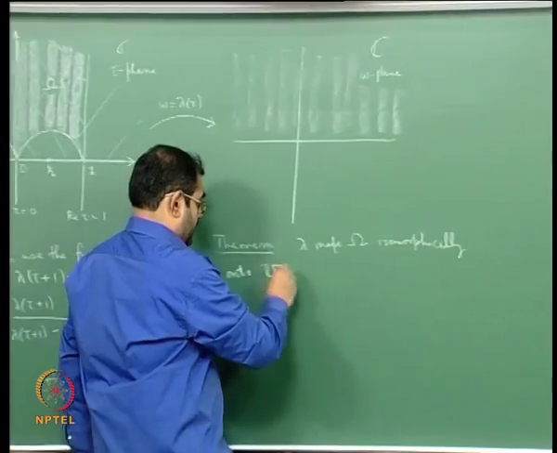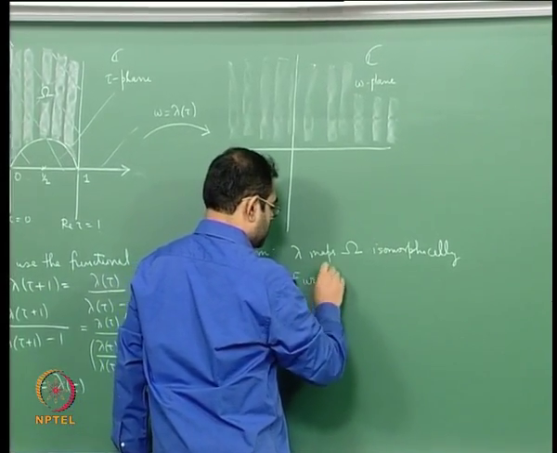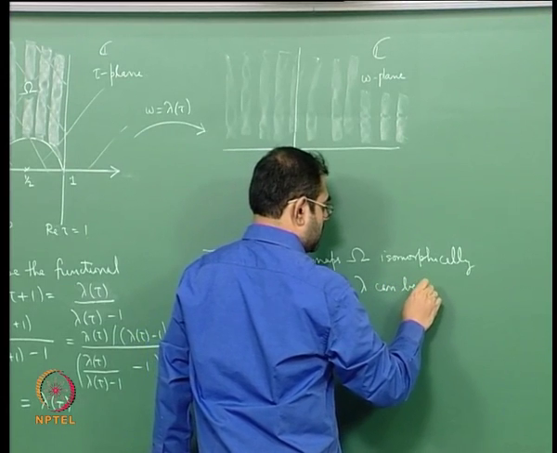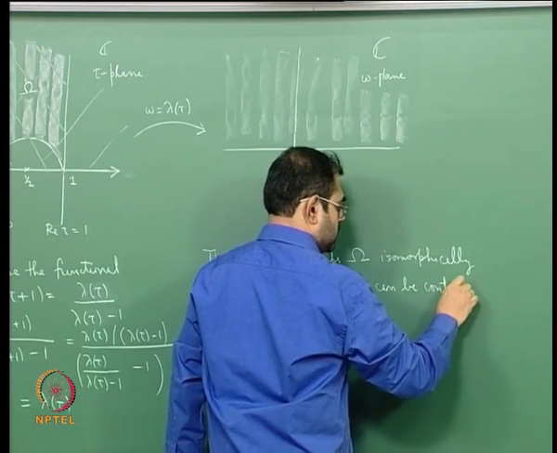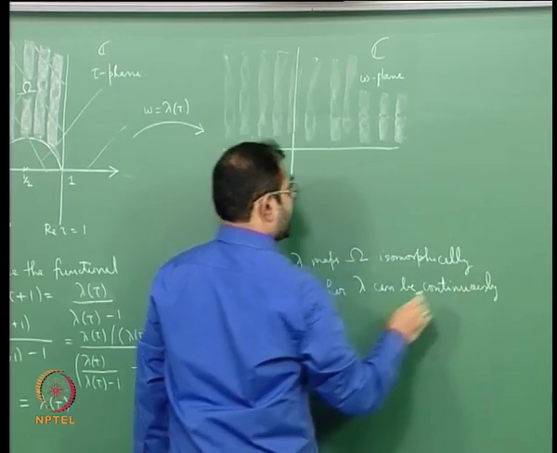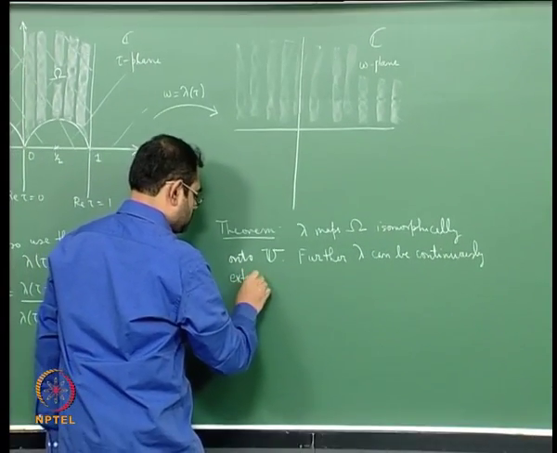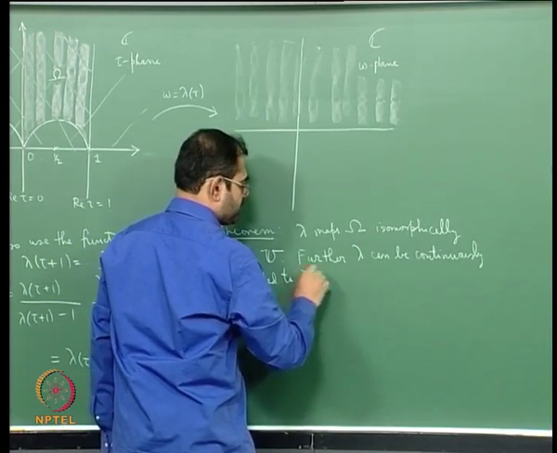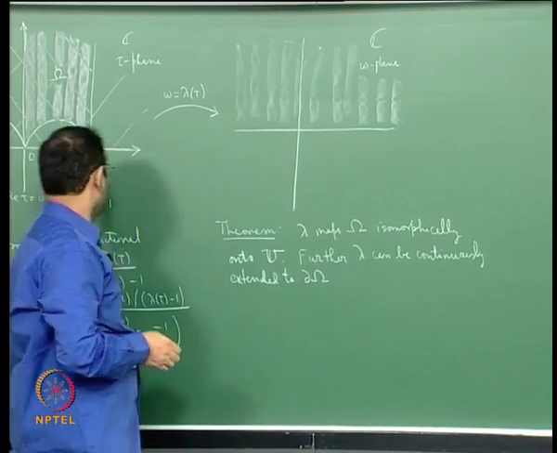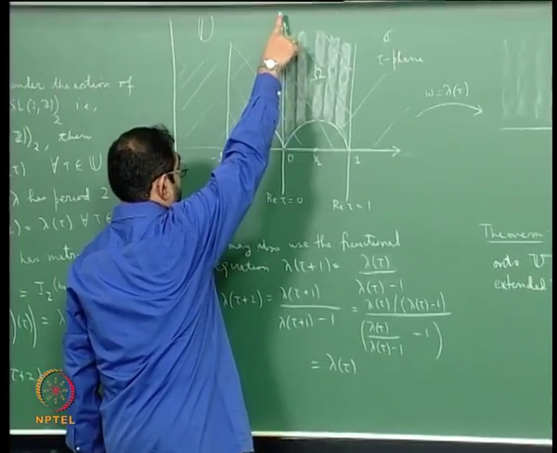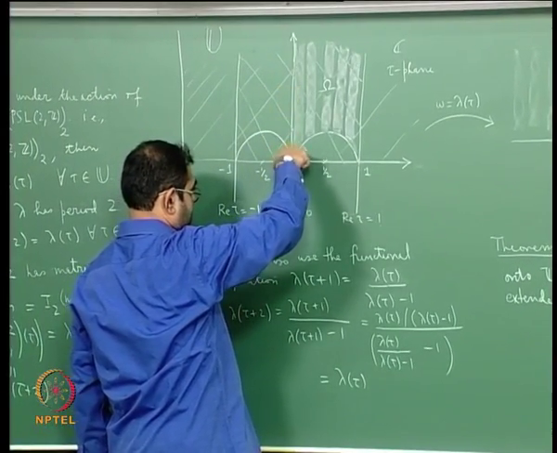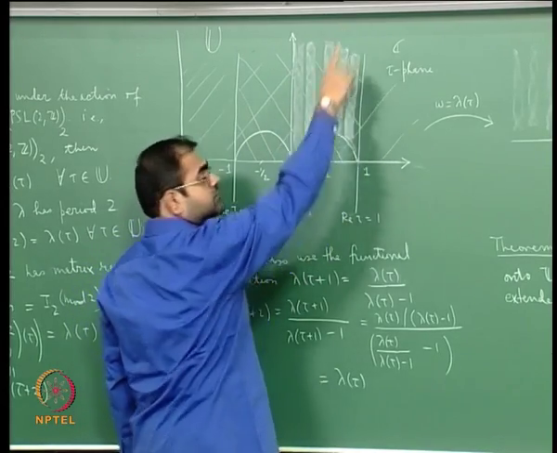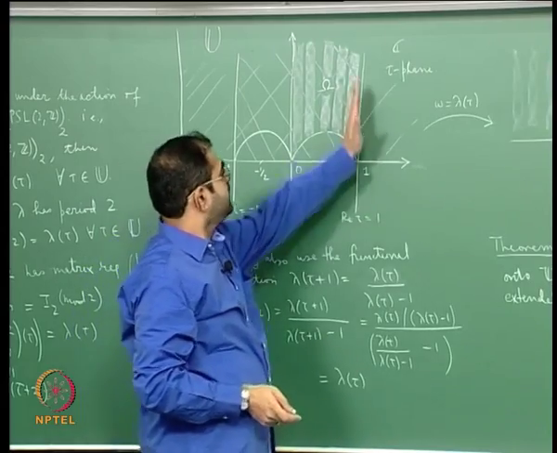So let me write that down. Further, lambda can be continuously extended to the boundary of omega, okay, which means this portion of the imaginary axis followed by this semicircular arc and then this portion of this line, okay.